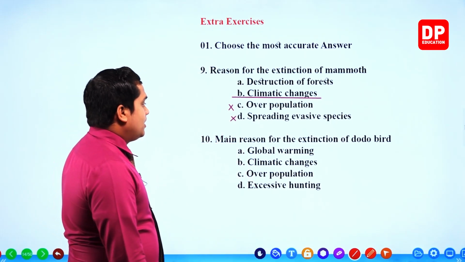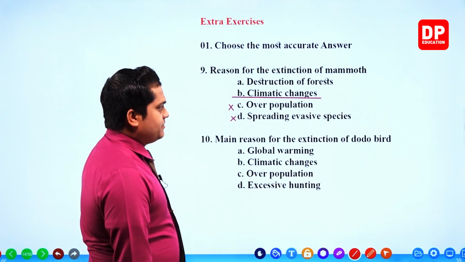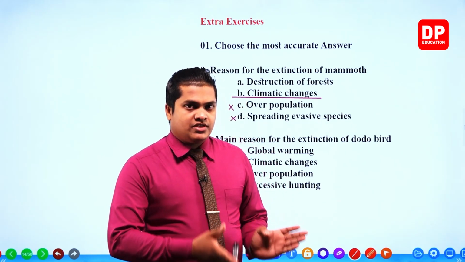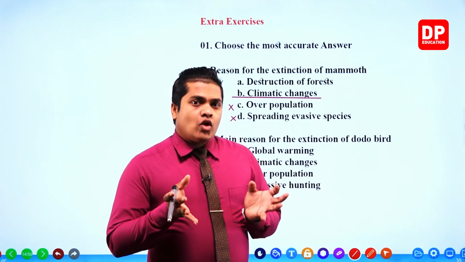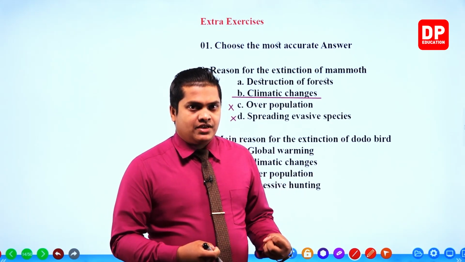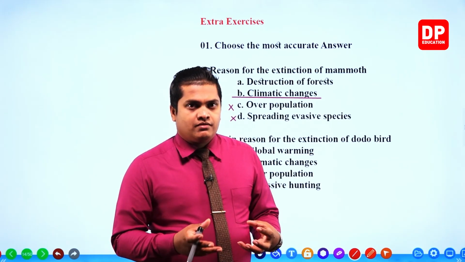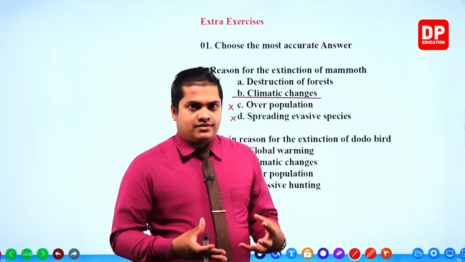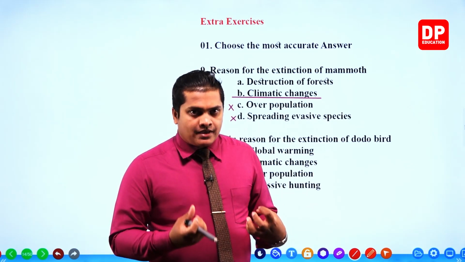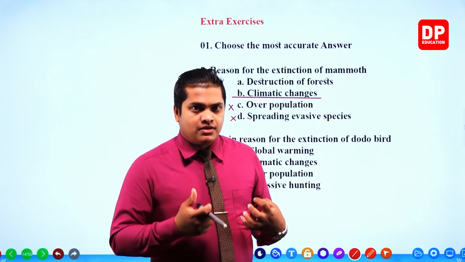Next one, main reason for the extinction of the dodo bird. This is also very simple. When we were discussing animals which went extinct, I told you about this dodo bird. The dodo bird went extinct mainly because of excessive hunting. So that is a human related activity, right? Because of the pets carried by humans on ships, like dogs and cats and foxes and so on. These dodo birds are flightless birds.